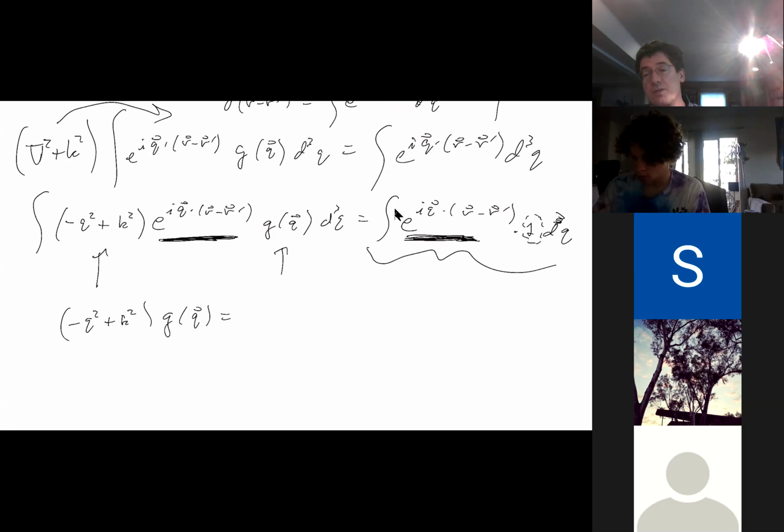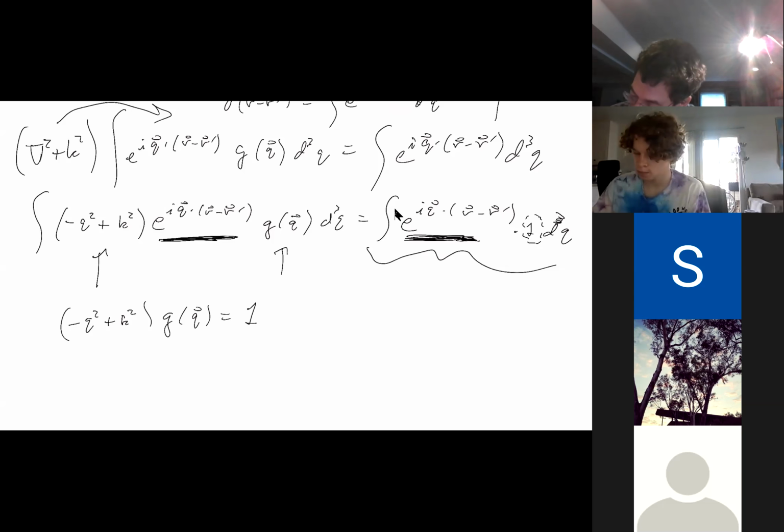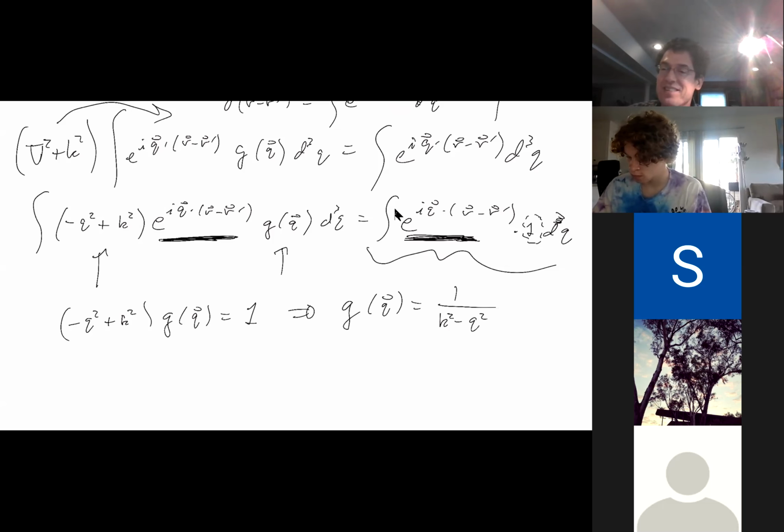Look at that equation and tell me what it equals. 1. Yes, exactly. And so then G of Q is equal to 1 over K squared minus Q squared. Boom. So simple. So finding the Green's function in reciprocal space is totally trivial.